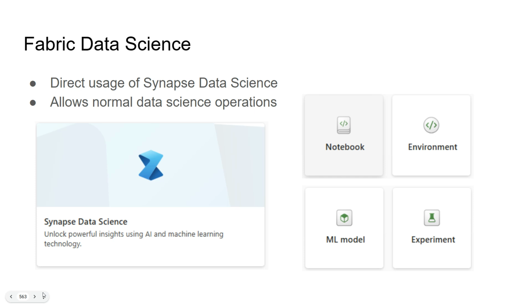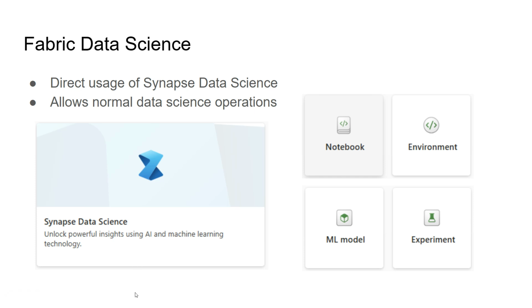Data science is a notebook-based operation. It allows normal data science operations, and we all know that since a notebook can be added into pipelines, you actually have the same way of processing that you would do in data engineering, to create coordination and orchestration among different jobs to achieve more complex AI and machine learning operations.